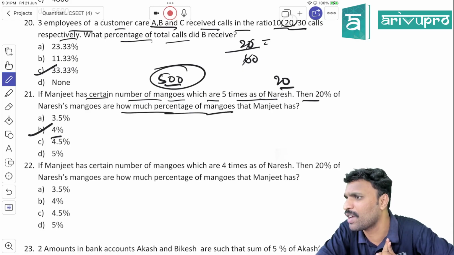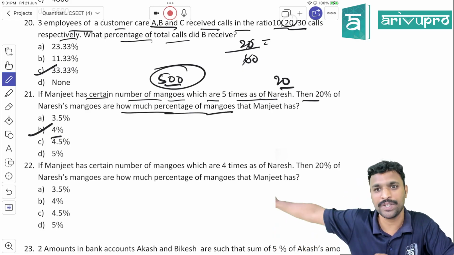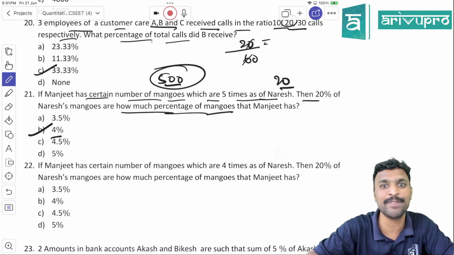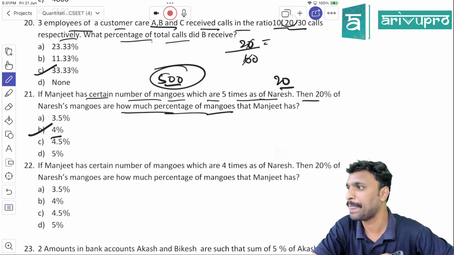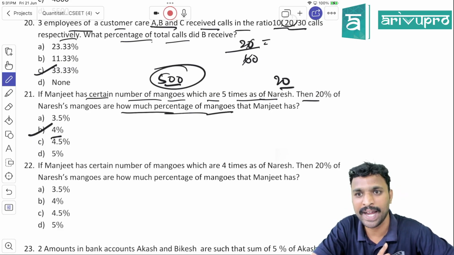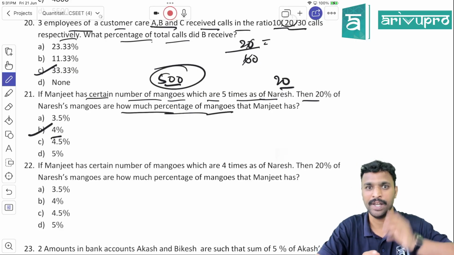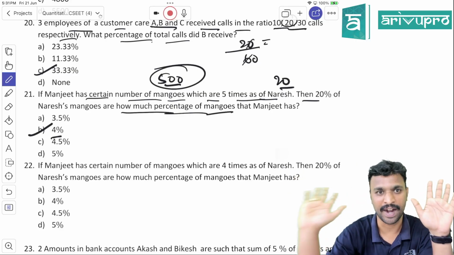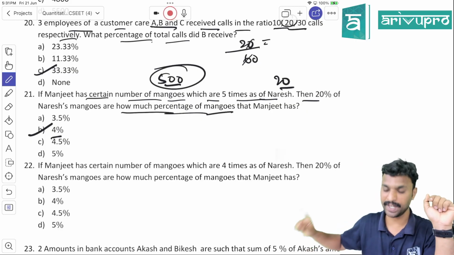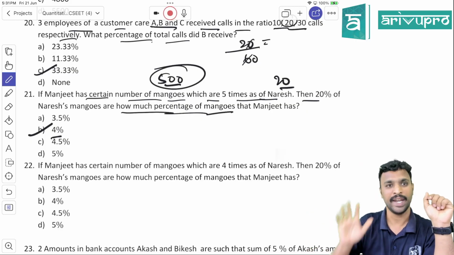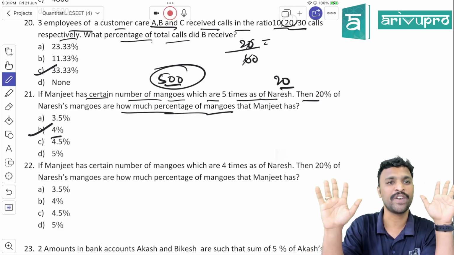Once again. Should I explain once again or understood? Naresh's mangoes is the reference because Manjit has 5 times as that of Naresh. So Naresh is 100, Manjit is 500. They have said 20% of Naresh. Naresh had 100, 20% of 100 is 20.